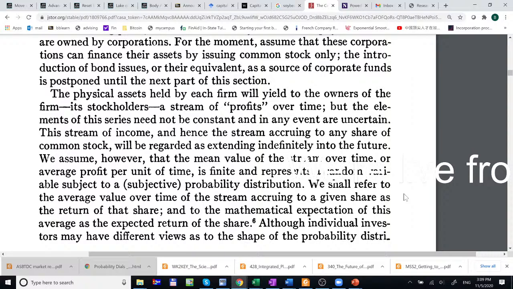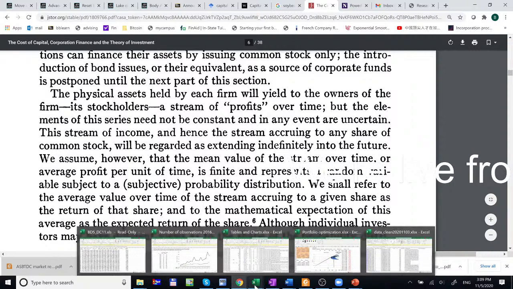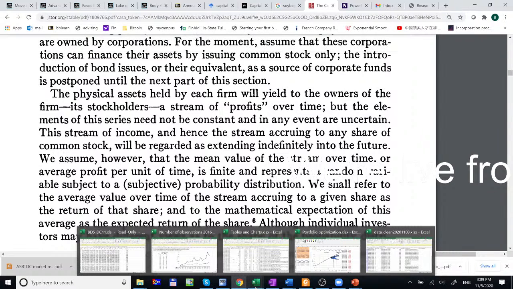That's one of the big questions. Another big question we have discussed last week was the capital asset pricing model, CAPM beta. And that's exactly what you are doing for your project. We are going to discuss more about that 2 weeks later.